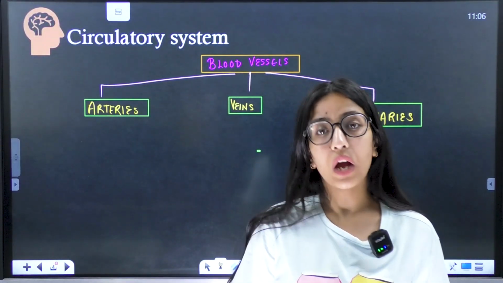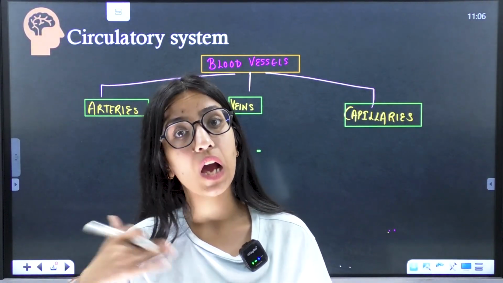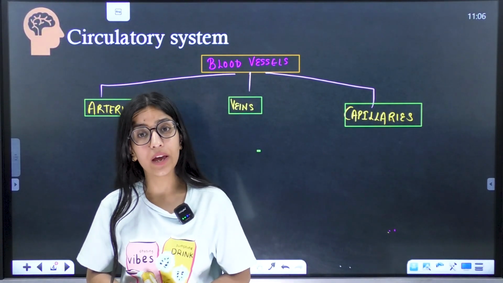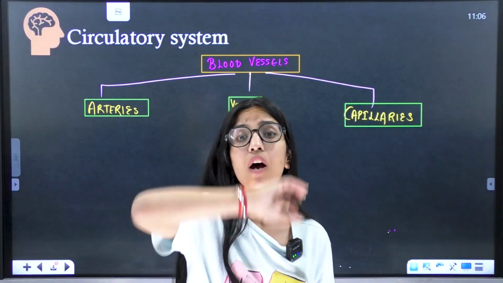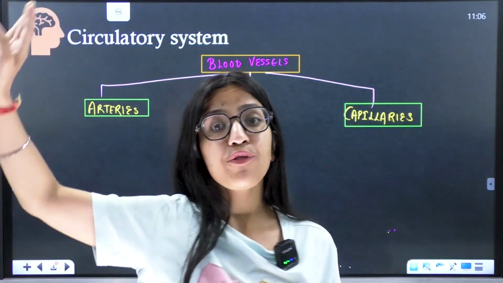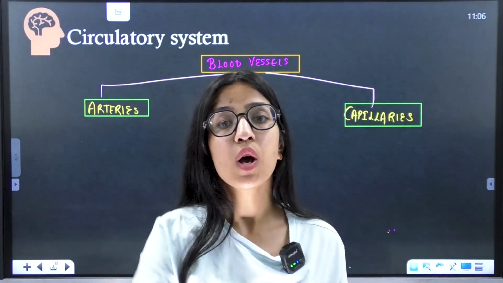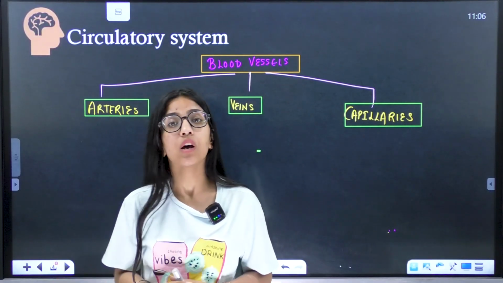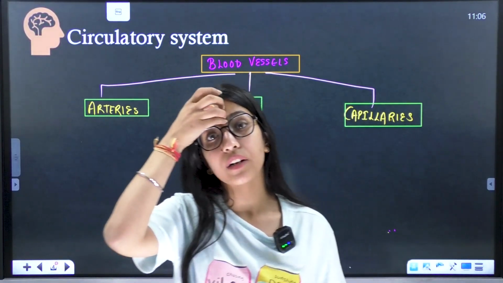Further, moving on to arteries, we remember in our circulatory system that arteries carry blood away from heart. Artery carry blood away from heart to the whole body organs. Which type of blood does artery carry?